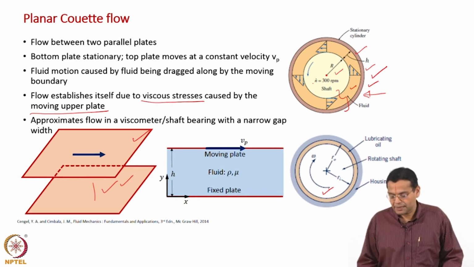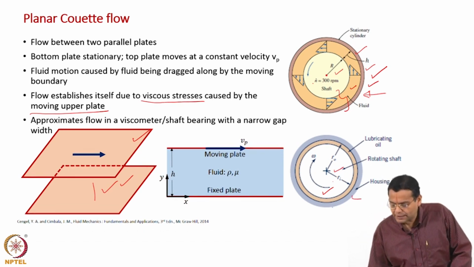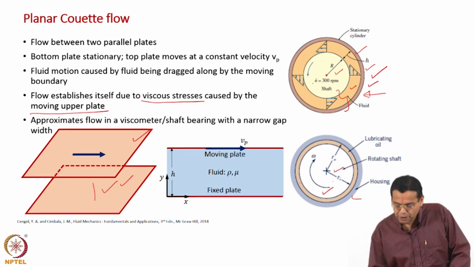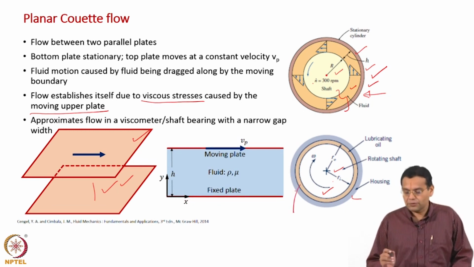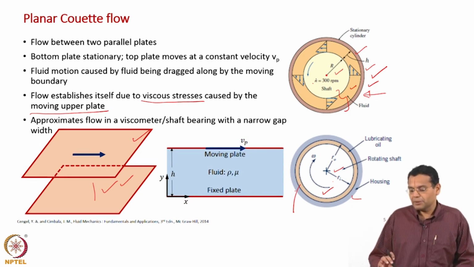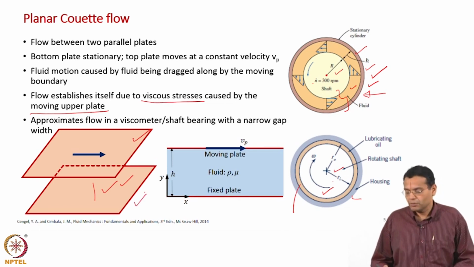What does a shaft bearing mean? You have a rotating shaft and a housing, which is similar to a stationary cylinder, and between them you have a lubricating oil. Of course, this is almost always a highly viscous oil, so that the friction between the rotating shaft and the housing is reduced. So, once again this configuration is similar to our case, or our configuration approximates this configuration. Why is it?